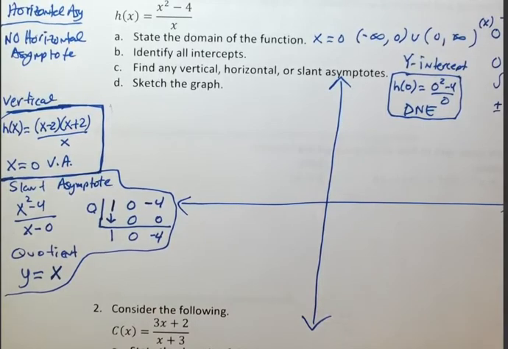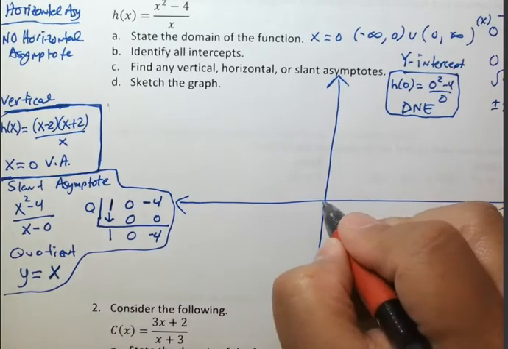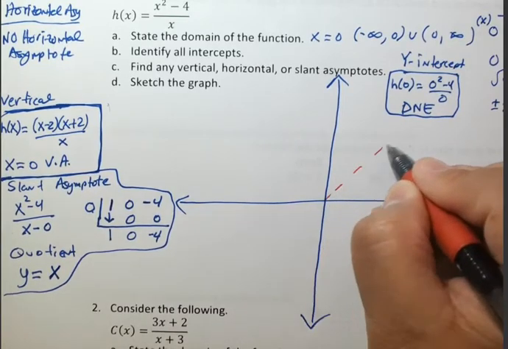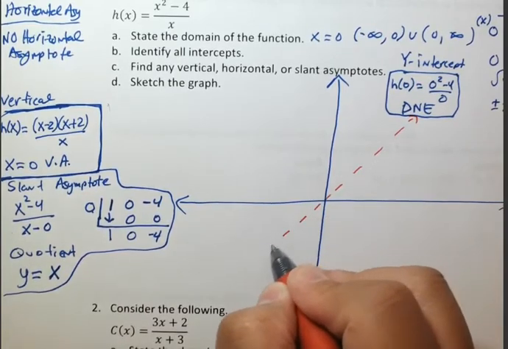Okay, so I'm gonna plot my asymptote first, which is y equals x. So y equals x is just a line, right? And hopefully you know where this line is. This is the line that goes like this. Remember, since it's an asymptote, then I use a dotted line.